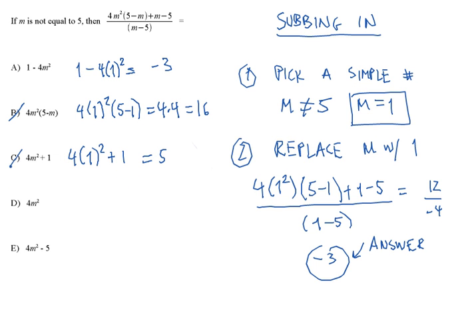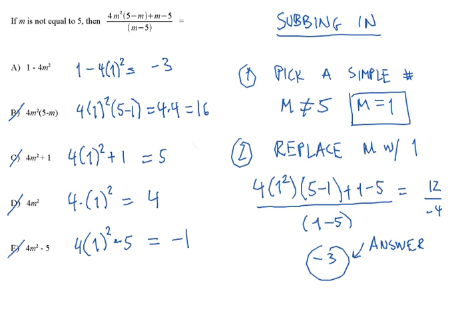Once again, not what we were looking for. D gives us 4 times 1 squared, which is just 4. Again, not what we were looking for. And E gives us 4 times 1 squared minus 5, which is equal to 4 minus 5, or negative 1. And that also is not what we're looking for.